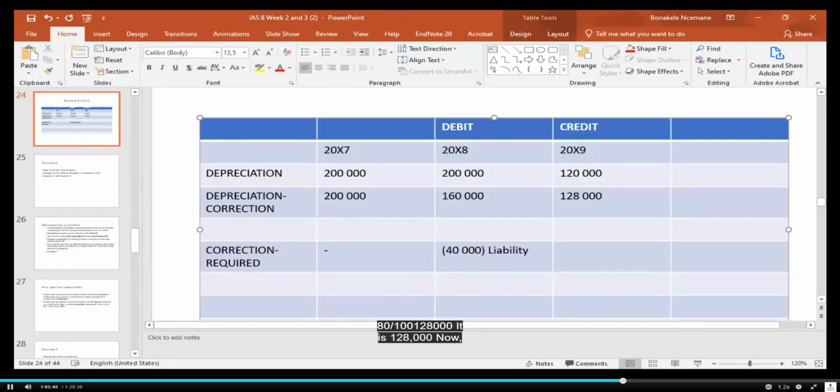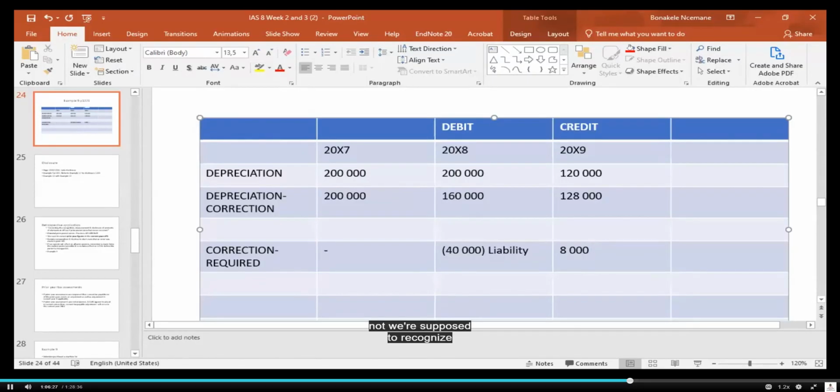Now, what is the difference between the depreciation recognized and the depreciation that was supposed to have been recognized? 8,000. So we recognized less than we're supposed to recognize, right? If we recognized less than we're supposed to, did we essentially get a tax benefit?